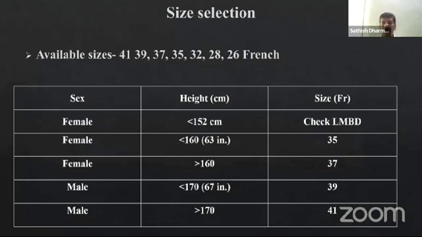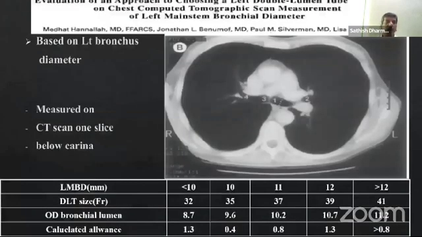So the recent classification by Anala et al., they did a CT scan assessment of bronchial diameter. This is mainly for the left side, not for the right side, because the right upper lobe takes off early. It is impossible to do this calculation for the right. So whenever you use a left DLT for a short patient, most of these patients, when they come for thoracic surgery or any other major surgery like cardiac surgery or sympathetic chain block or video assisted thoracoscopy, they will have a CT scan.